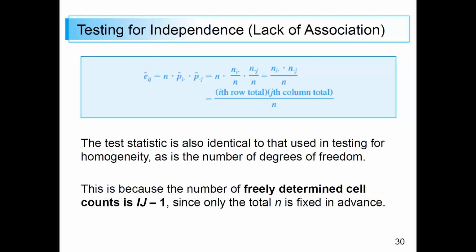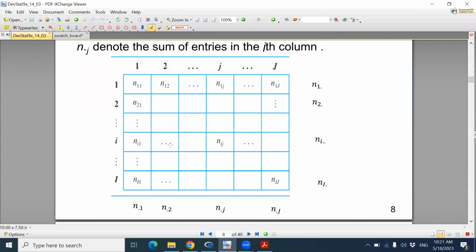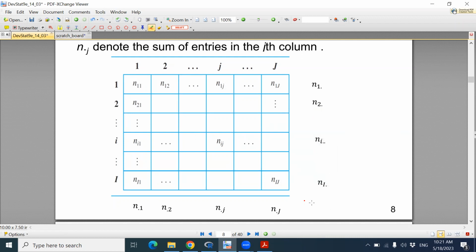So in this case, how many free values do we have? If we go back to the table, we have I rows and J columns. Recall that all we know is that the overall total n is the only thing that's fixed.